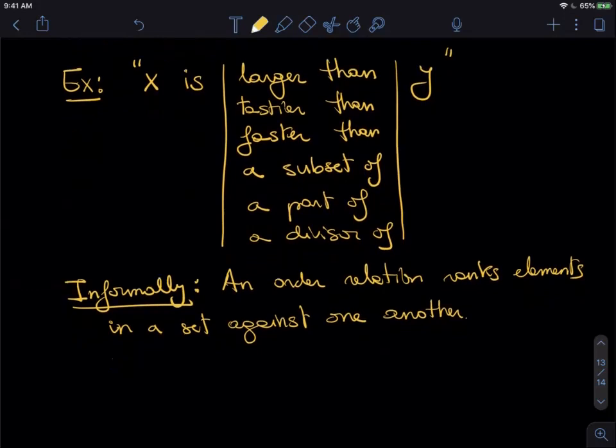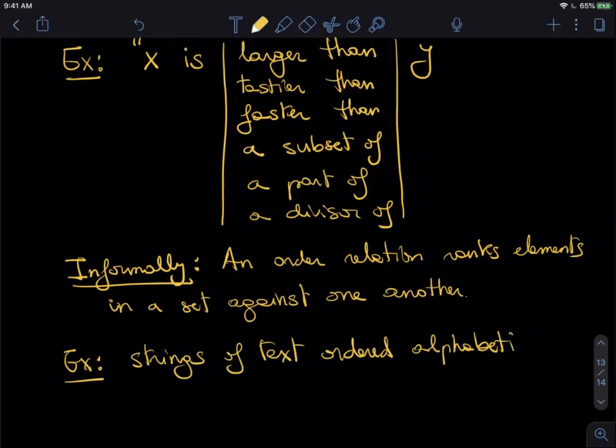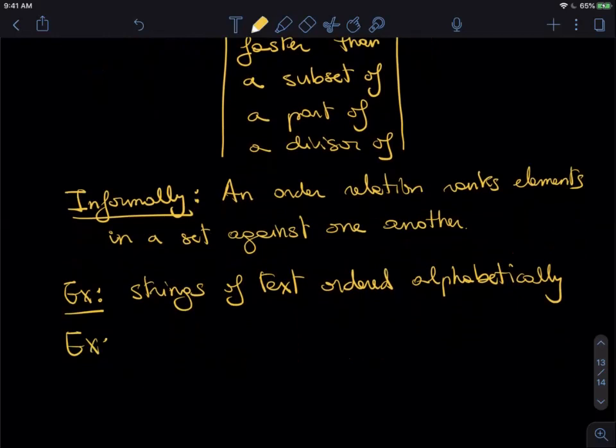More examples: if we think about the set of strings of text, we could say ordered alphabetically. Or we could do a sillier example. Let me show you that depending on the order relation we consider, the same elements of the same set can be ranked in different ways.